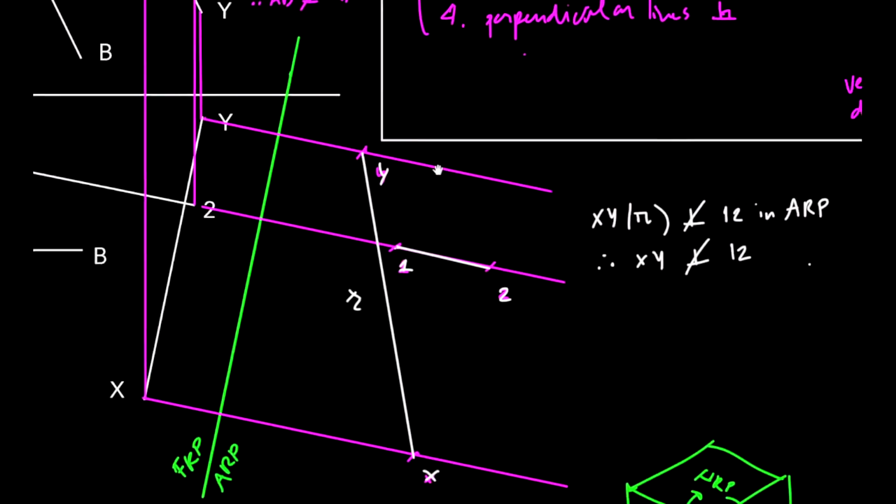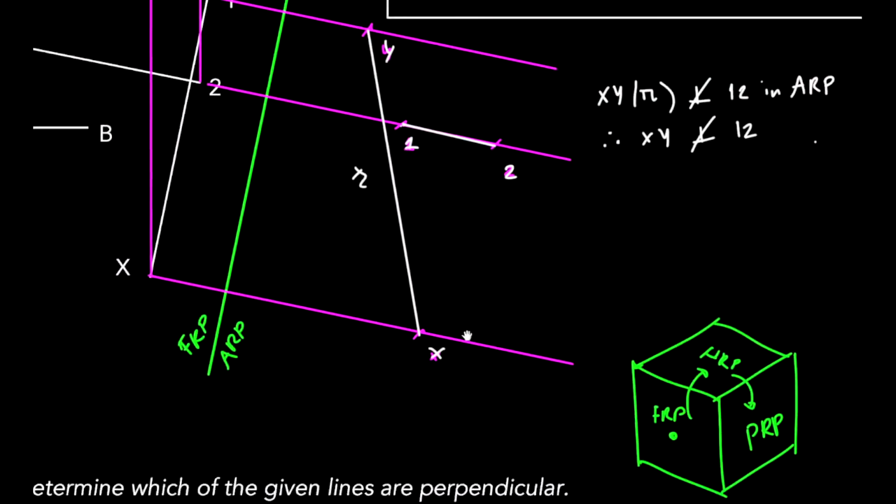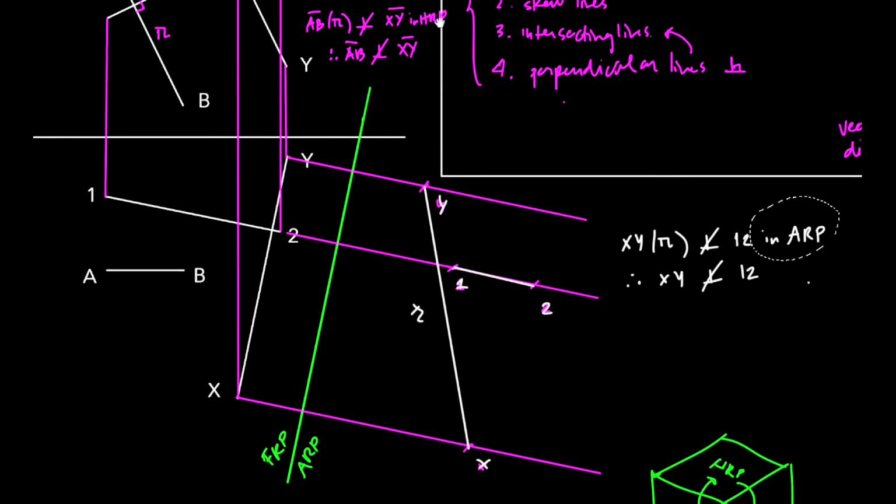In the same manner, si XY is not perpendicular to 1, 2, na TL siya, in ARP. Pwede actually omit ko ng ARP, no? Because I am writing the proof in ARP. Okay? So, kung ganun yung style nyo, actually pwedeng tanggalin na yung HRP, no?